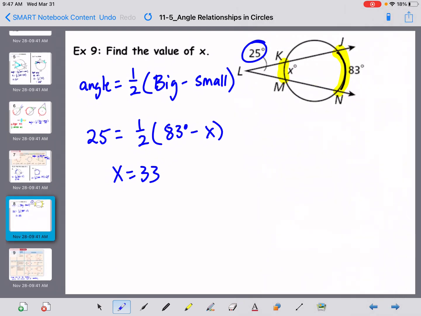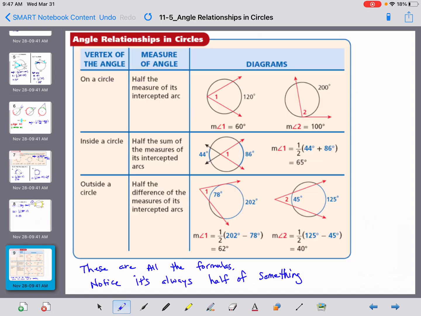All right, to sum this up. If you're touching the circle, it's half of the angle. All right, so angle equals half of the arc.